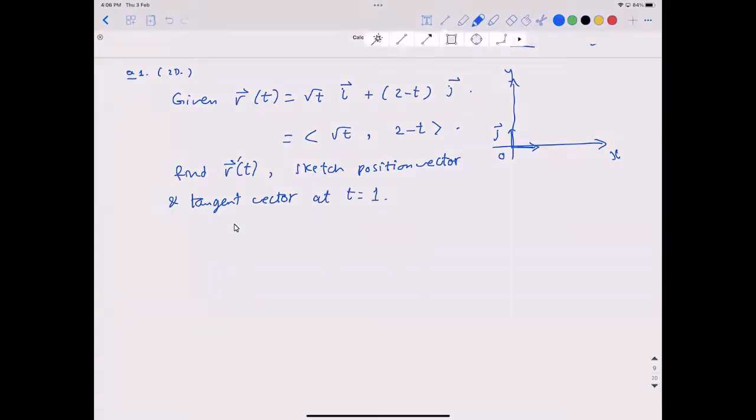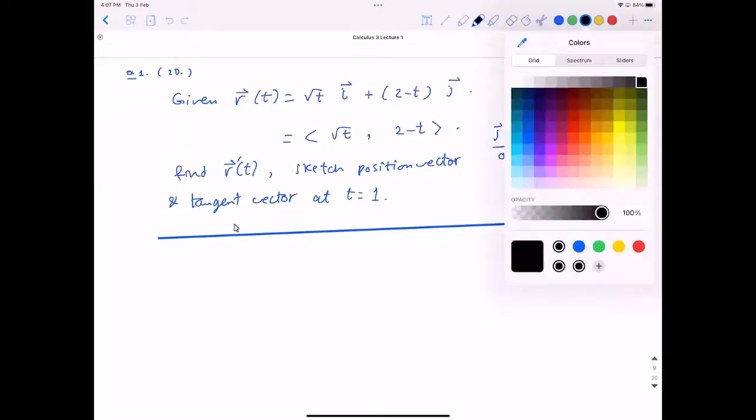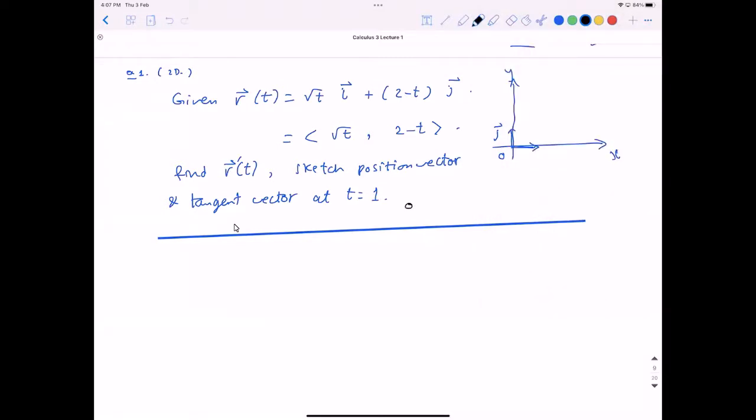So the question is, after 1 second, where is the position vector? Where is the velocity vector? May be written in symbols or sketch, r of 1, r prime of 1 at the time 1.